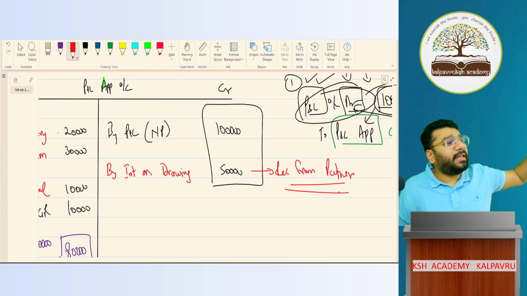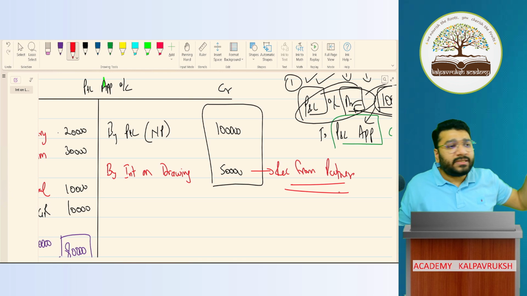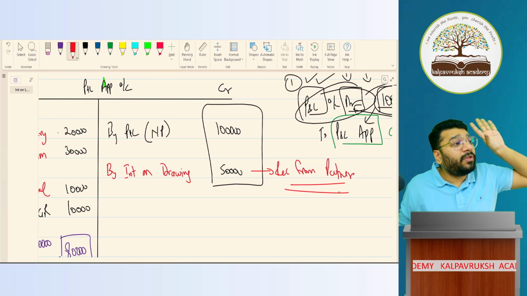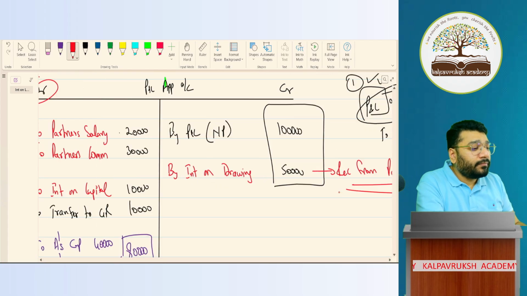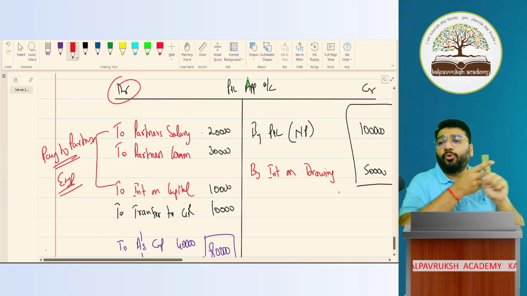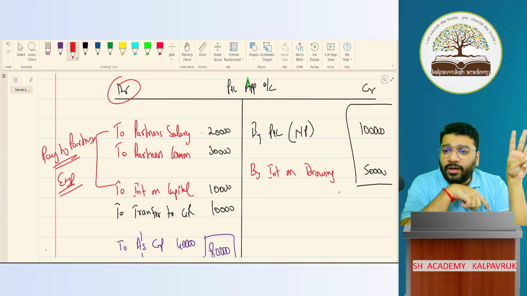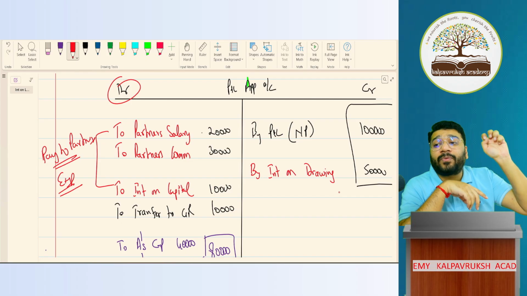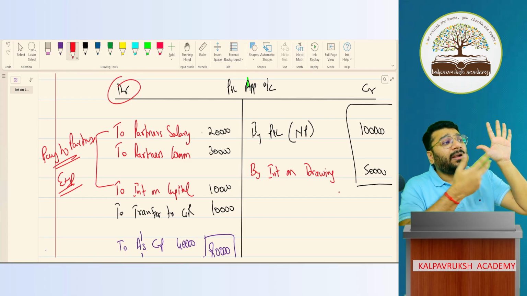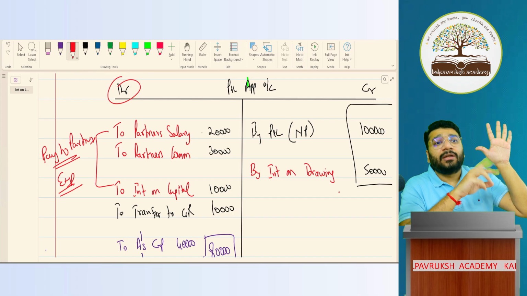Everything I'll discuss in depth. Now I'm just trying to put a seed in your mind, the format in your mind. So on the debit side what all will come: partners' salary, partners' commission, interest on capital, transfer to general reserve, then distribution of profit to the partners. If the partners' names are A and B, then A's capital, B's capital.